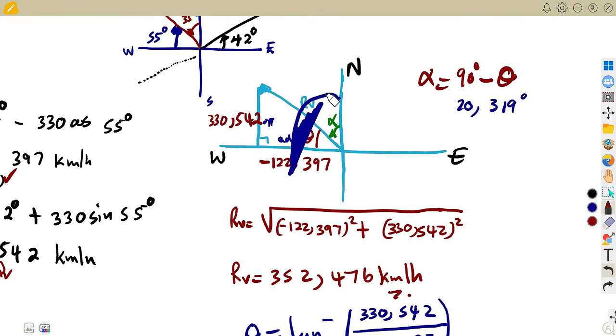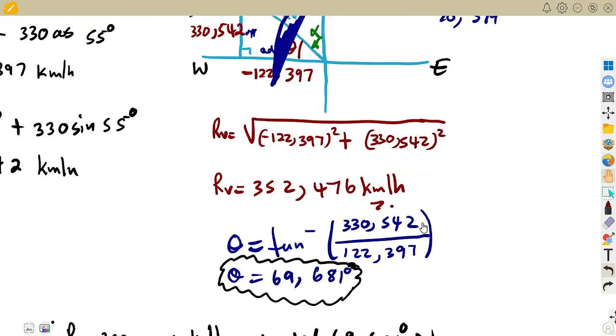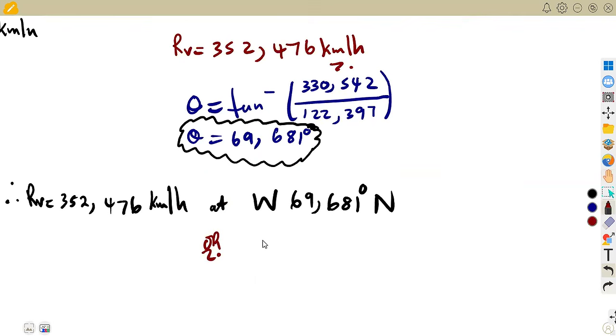So like I said, this side is gonna be north to the west at an angle of what? Alpha degrees. So this is north going to the west. Are we together? North going to the west at an angle of 20,319 degrees. So that means in this case, you can write it in this way: north at an angle of 20,319 degrees, going where?